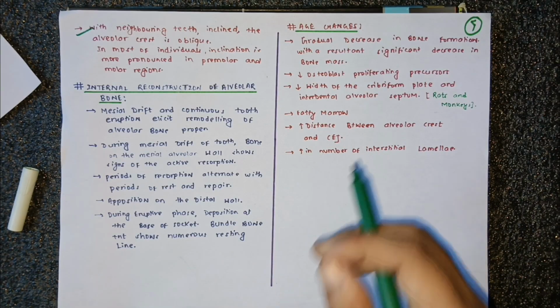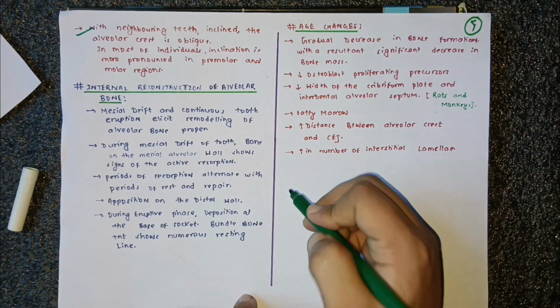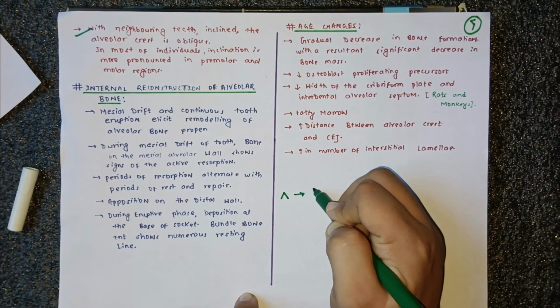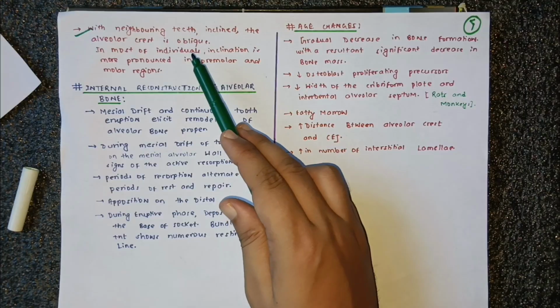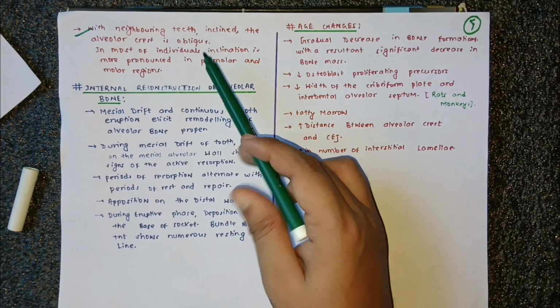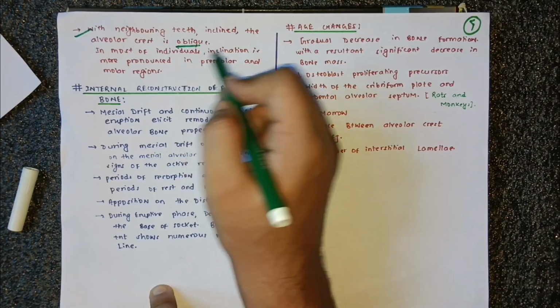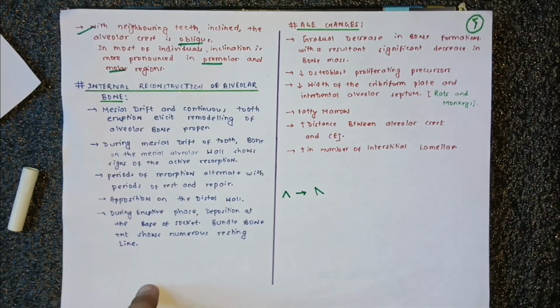If the neighboring teeth are inclined, the alveolar crest will be more oblique. It should be straight like this, but it is not straight; it becomes oblique, and the teeth are more inclined, more pronounced in the premolar and molar region.